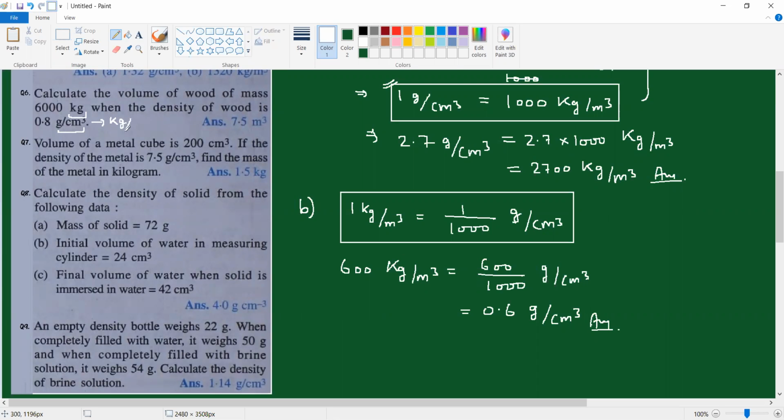Clear? When the density of the wood is expressed in kg per meter cube, then we can apply the formula. You have to find the volume, so volume is equal to mass upon density. So we will apply that formula and we will get the answer.